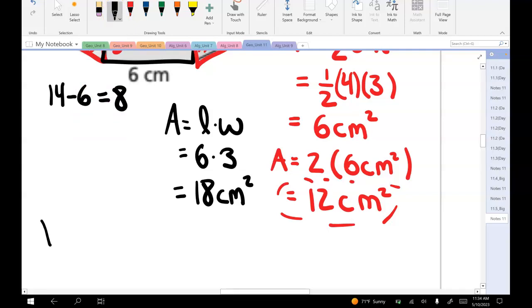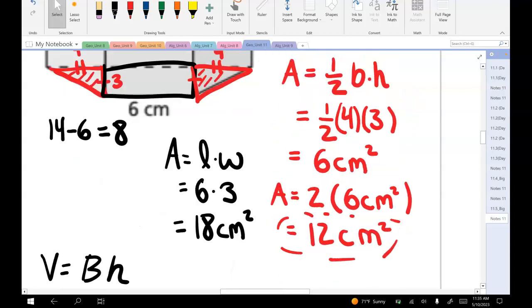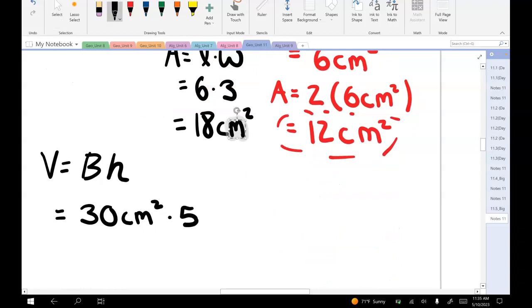So our volume is equal to our base times our height. And our base we get from adding 18 and 12 together. So 18 plus 12 is 30. So we say this is 30 centimeters squared times our height was 5 centimeters.